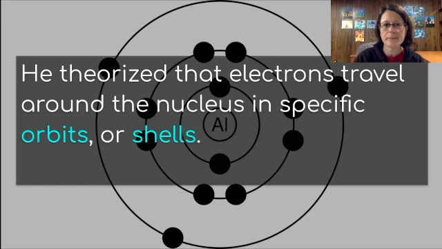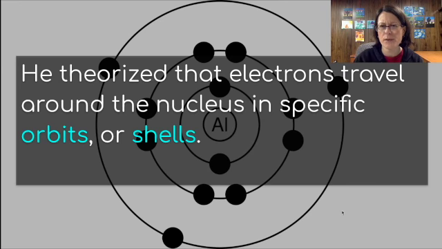Rutherford was Niels Bohr. And Niels Bohr published his findings in 1913. And he theorized that electrons travel around the nucleus in specific orbits or shells. And so that's what you see in the background. The black dots are electrons, and they are in shells or orbits, kind of like even rungs on a ladder surrounding the nucleus.